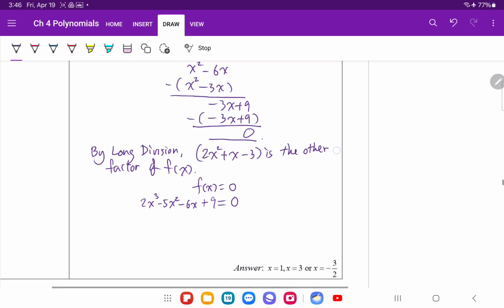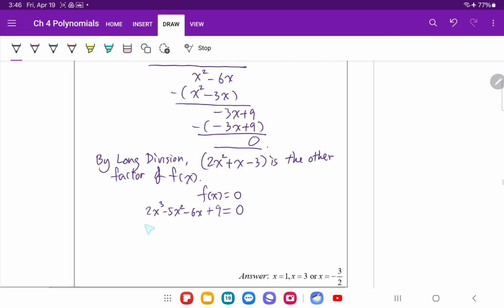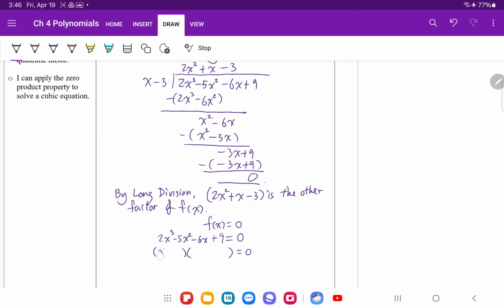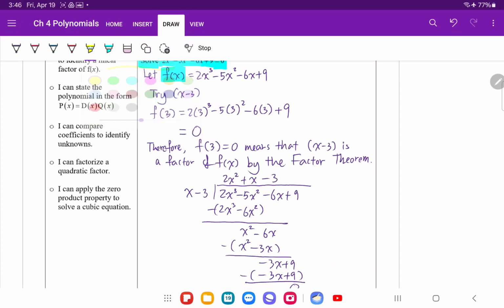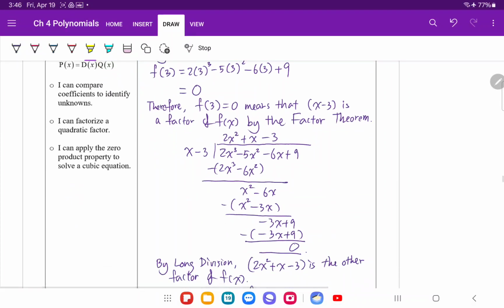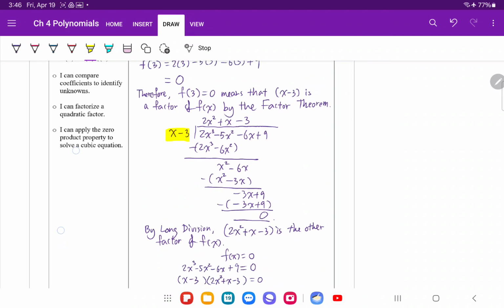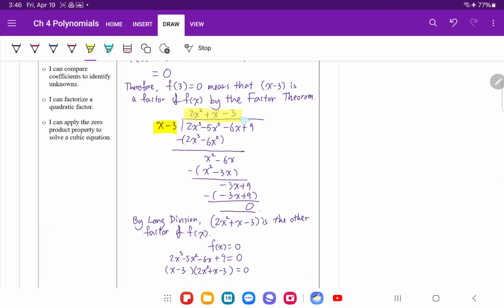But now, because we have factorized it, it can be written as one small bracket and one big bracket. The first bracket is the divisor, x minus 3. The second bracket is the 2x squared plus x minus 3 that we have just obtained from the quotient. So you will take the x minus 3 and the quotient, put it into the two brackets.